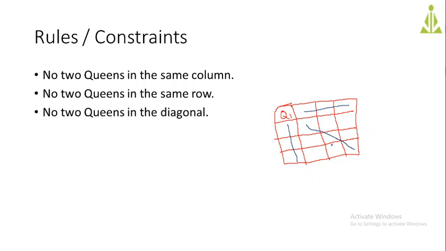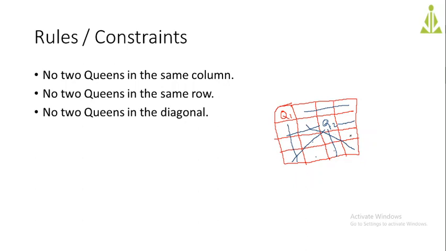The rest of the boxes, these 6 boxes, I can fill with any one of the queens. Once I fill q2 here, for example, I cannot place in the same column, I cannot place in the same row.